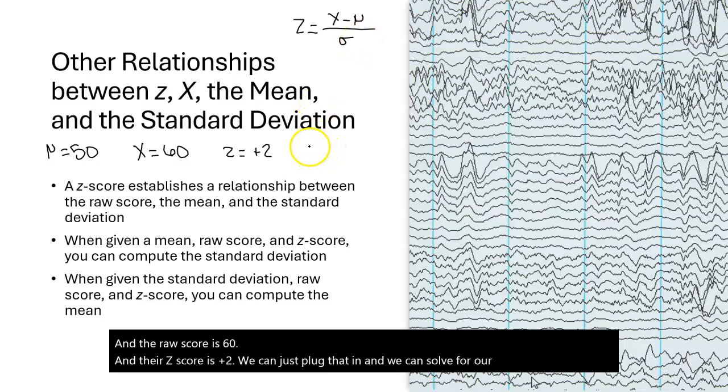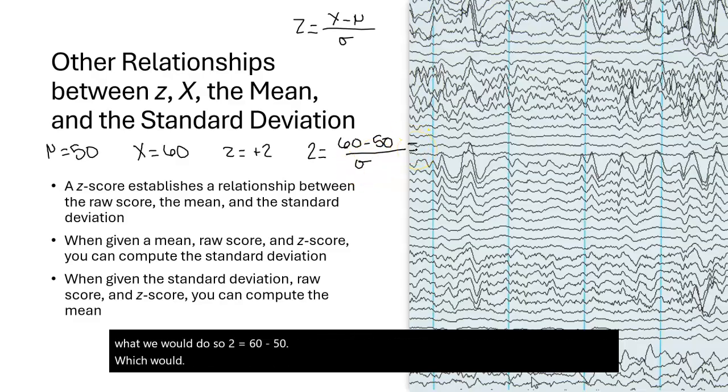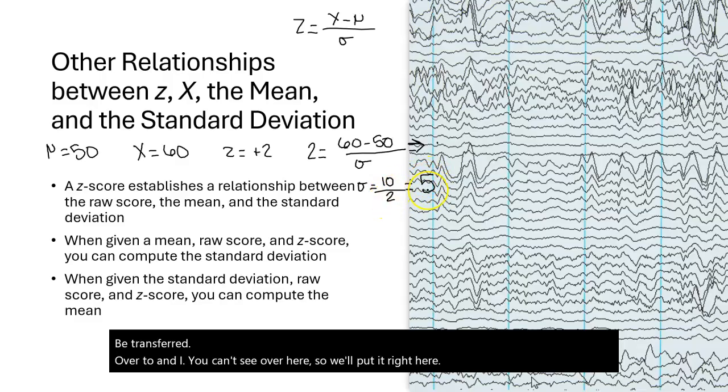So 2 equals 60 minus 50, over the standard deviation, which would be transferred over to, and you can't see over here, so we'll put it right here. So that would equal 5.